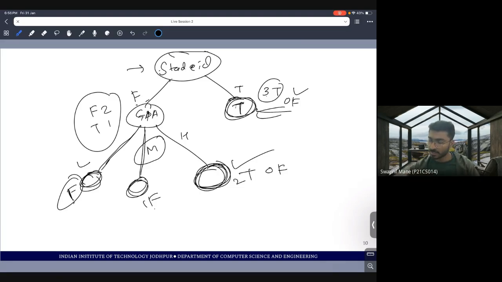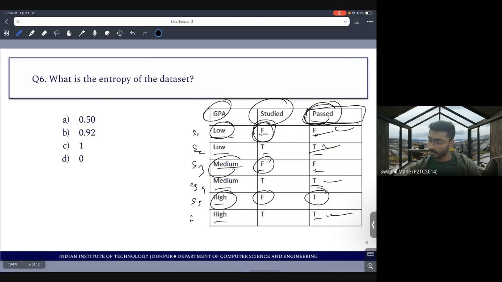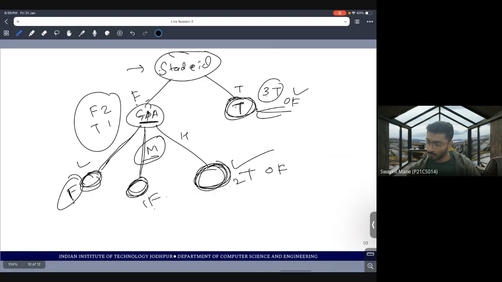Let's see this value. The GPA is medium. In that case, how many fail and passed? One F and one T. So this is an impure node. It is not a pure node. It is not classifying, or not giving, a single value.